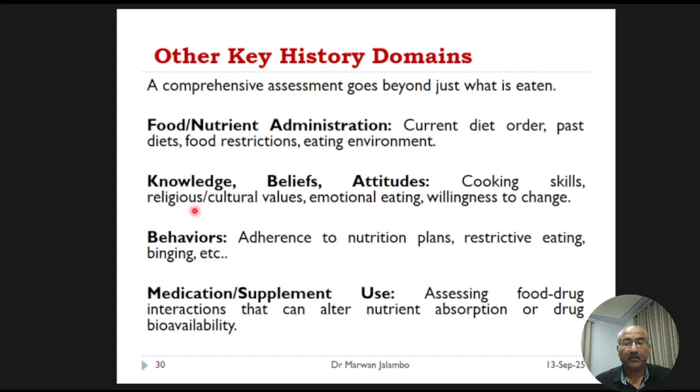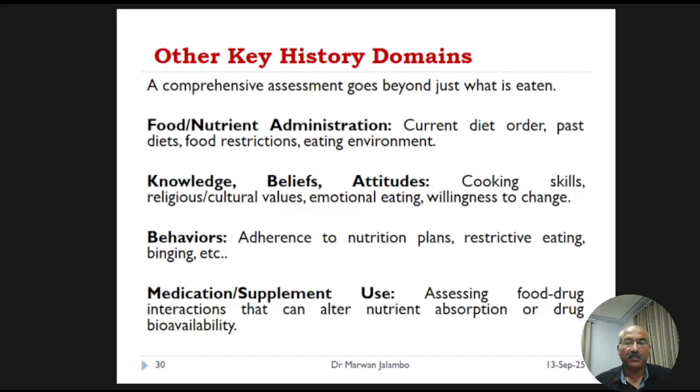Behaviors are the actions that result from those beliefs. We assess for things that might be barriers like restrictive eating, binging, or refusal to eat certain foods, and we also assess adherence to previously recommended plans.